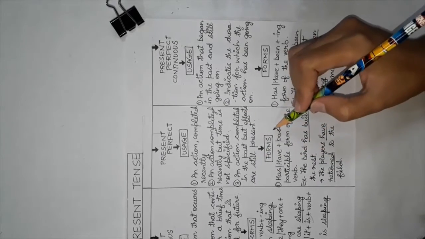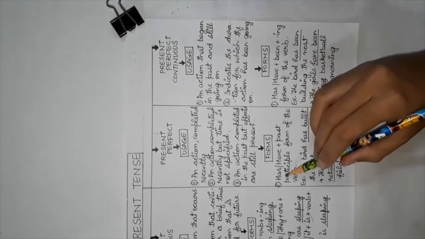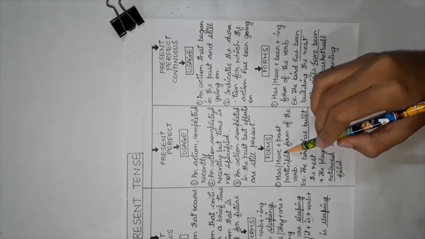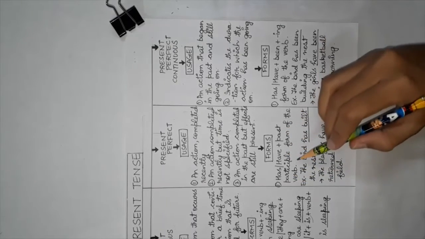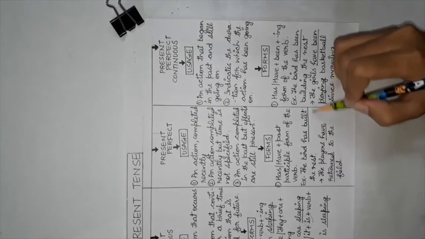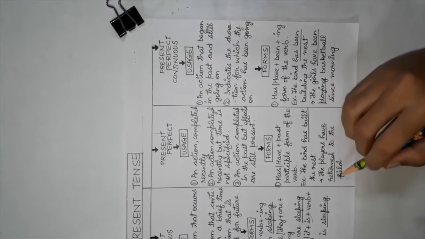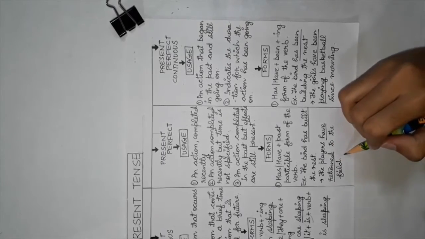And the forms we use for present perfect tense are has and have. With has and have, we use the past participle form of the verb. So we get: the bird has built the nest. The players have returned to the field.